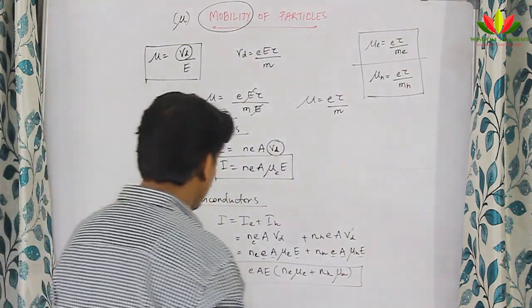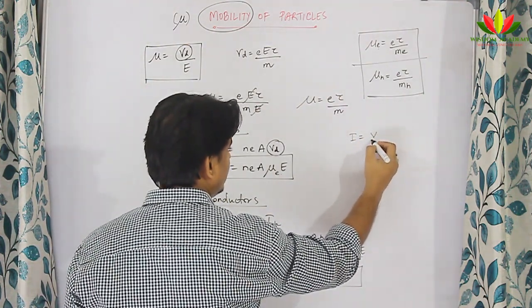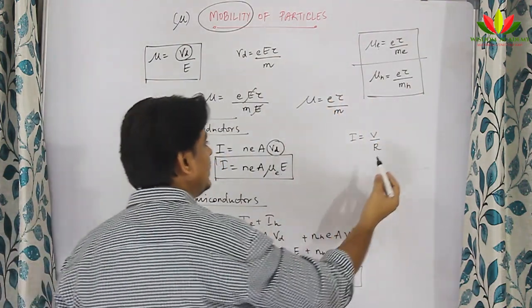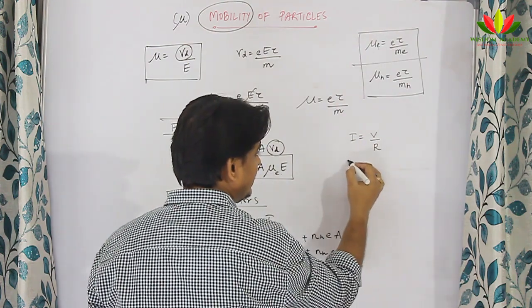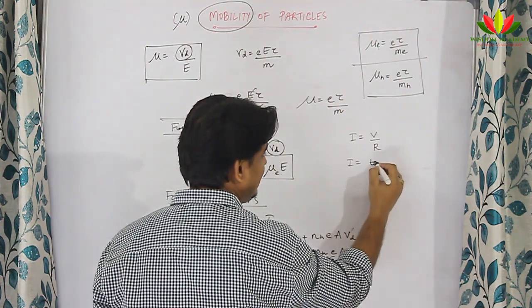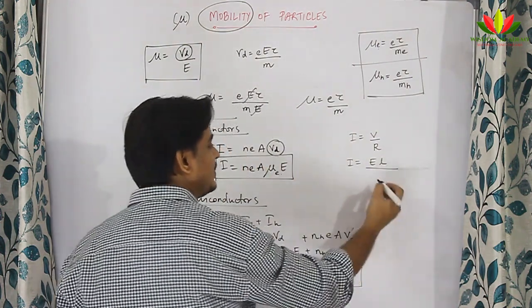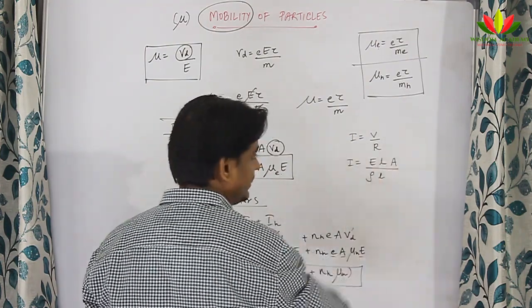Now we know that I is also equal to V by R, isn't it? Because by Ohm's law we know that V is equal to IR, so I can write I is equal to V by R, and we know that V is equal to E into L, so I can be written as E into L divided by R. R is rho L by A, so rho into L by A will go above, isn't it?